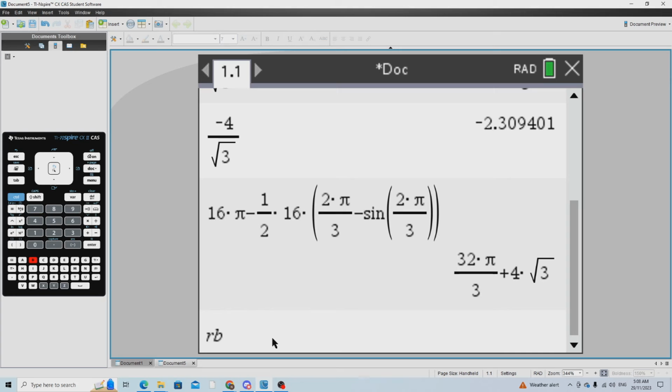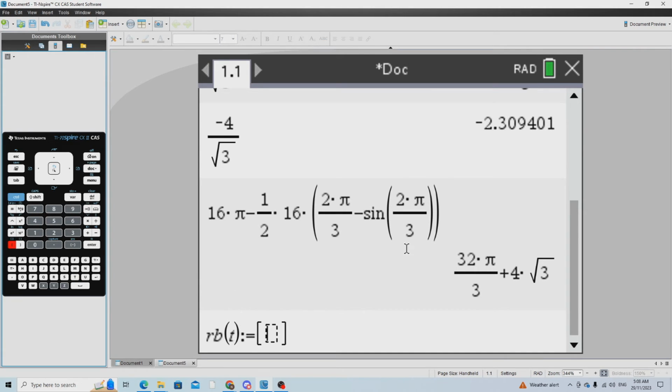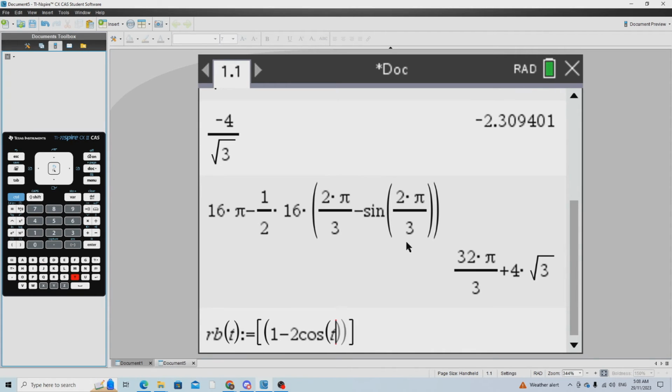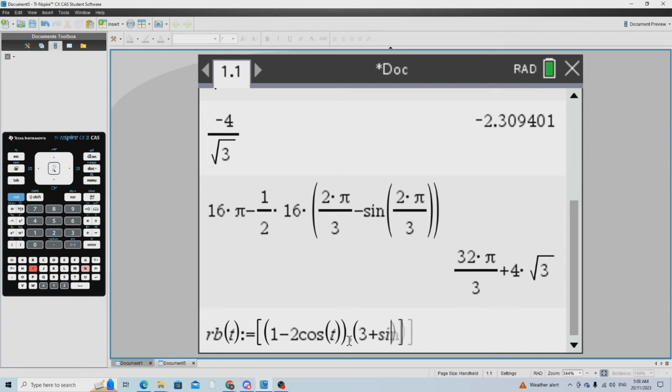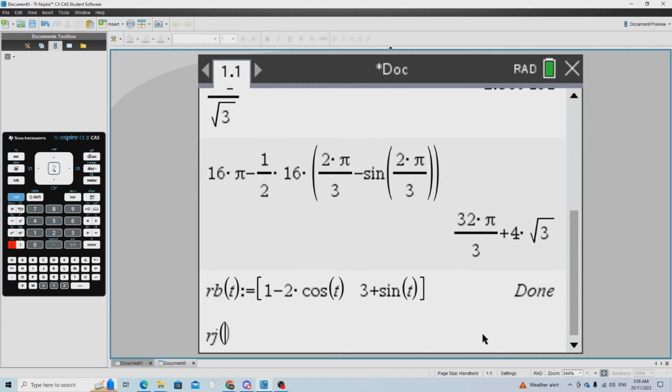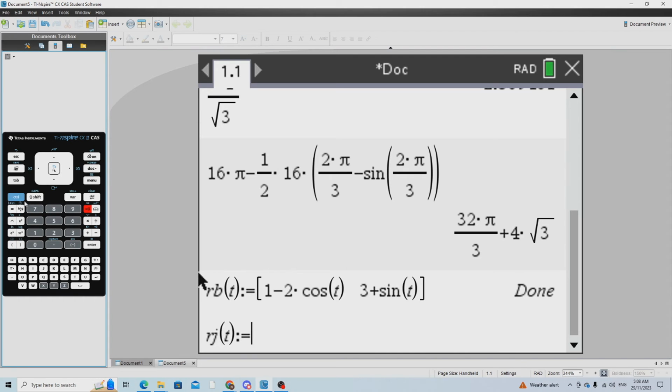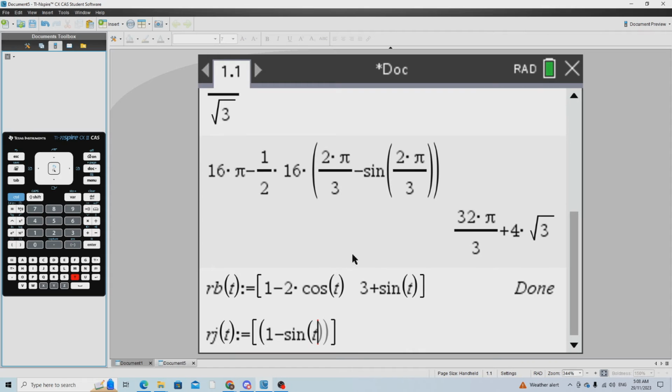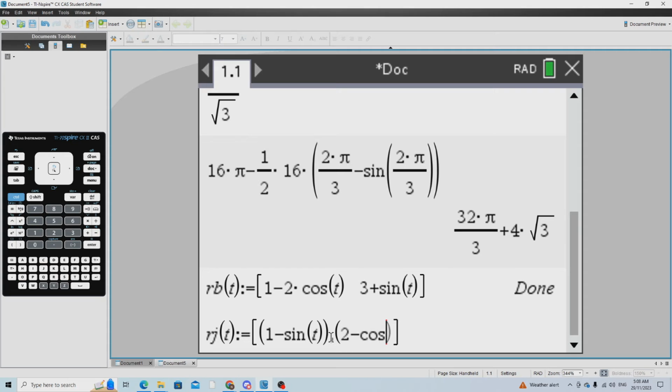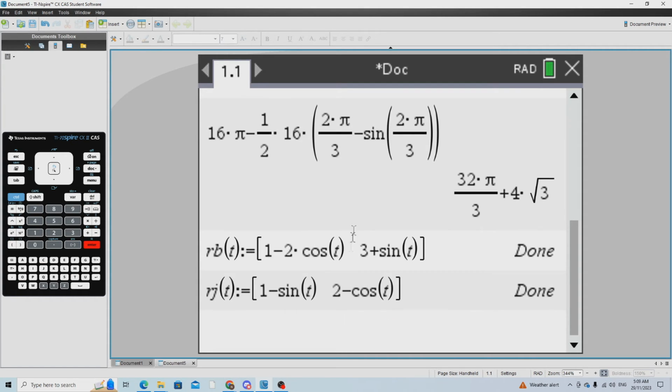So r of boat of t, we'll define as 1 minus 2 cos t, and 3 sine t, and r of jet of t is going to be defined as 1 minus sine t, 2 minus cos t. And we get these.